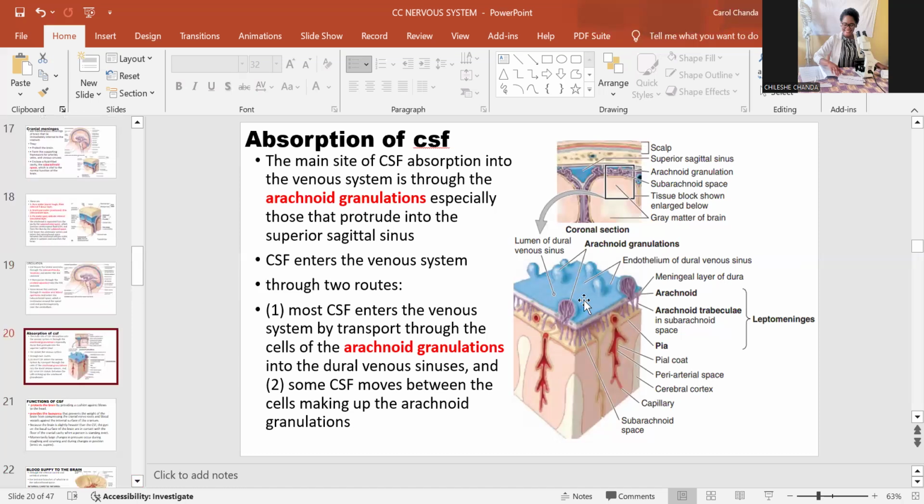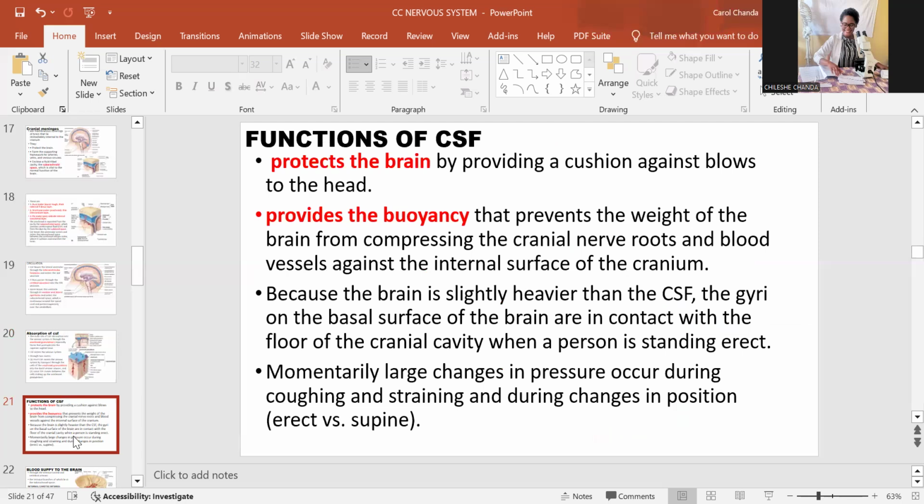The dural venous sinus, and then there are these arachnoid granulations, and that is mainly how the cerebrospinal fluid will be moving from the arachnoid space into the dural venous space. Okay, so some of it will enter the venous system by transport through the cells of the arachnoid granulations. Some will move between these cells. That is how CSF circulates.